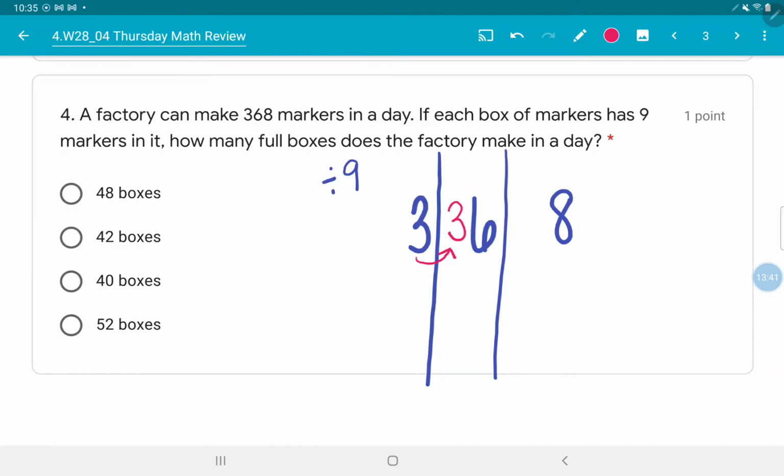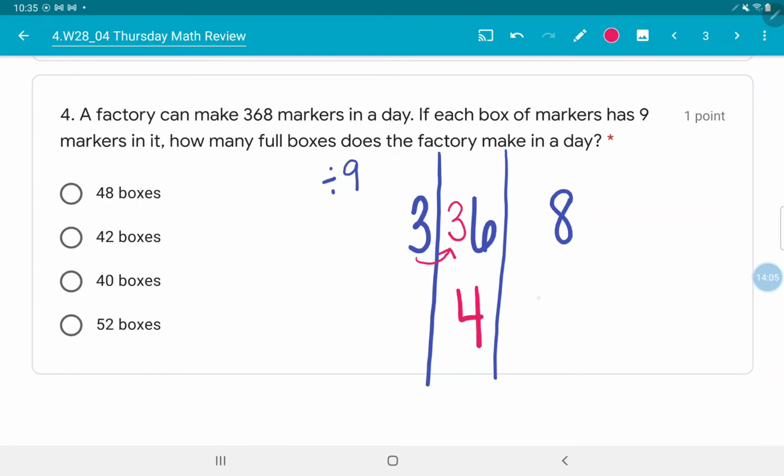9 times what gets me as close as I can get to 36 without going over? 4. 9 times 4 is 36, isn't it? Yeah. So do I have any extras to move over to the ones? No. Okay. So now I have 8 divided by 9. How many times can I put 8 things into 9 equal groups?